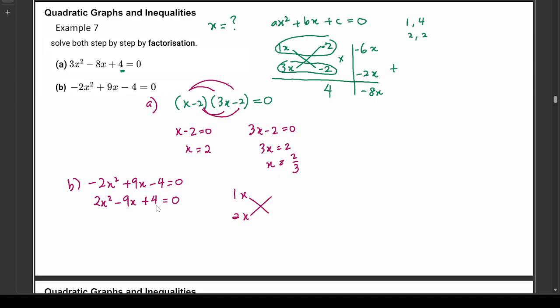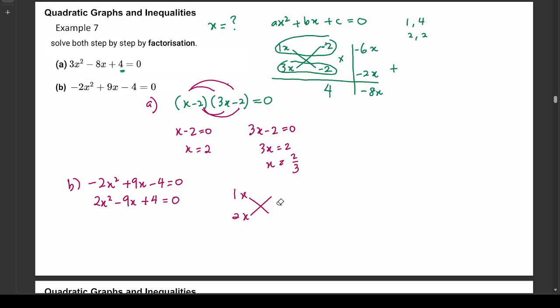Look at the C. 4, again the combination is 1 and 4 or 2 and 2. Okay, so this is more like trial and error. You have to try. Okay, we are trying to get 9. So if it's 1 and 4, I get 2 times 1 is 2, 4 times 1 is 4. I can't get 9.